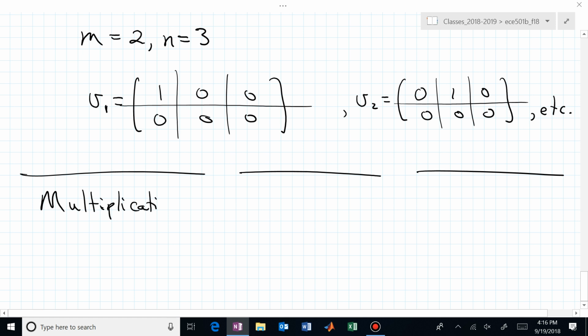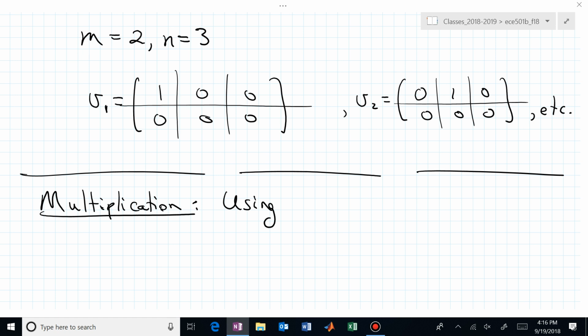We've talked about addition of matrices, scalar multiplication. Let's now talk about multiplication. And hopefully multiplication of matrices will be consistent with what you've grown up thinking.